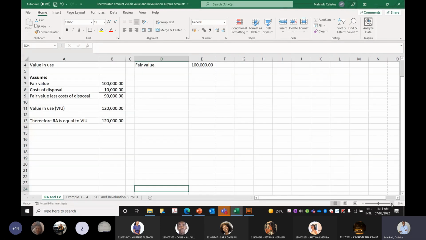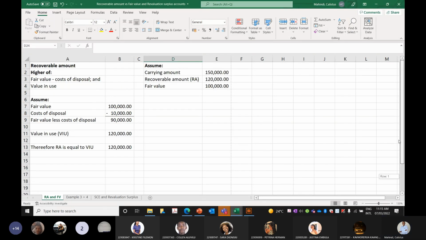I want to illustrate this with an example, just so you can understand what impairment and revaluation is. So a recoverable amount is the higher of the fair value minus cost of disposal and value in use. So in an impairment, you write off an amount to the higher of the fair value less cost of disposal or the value in use.